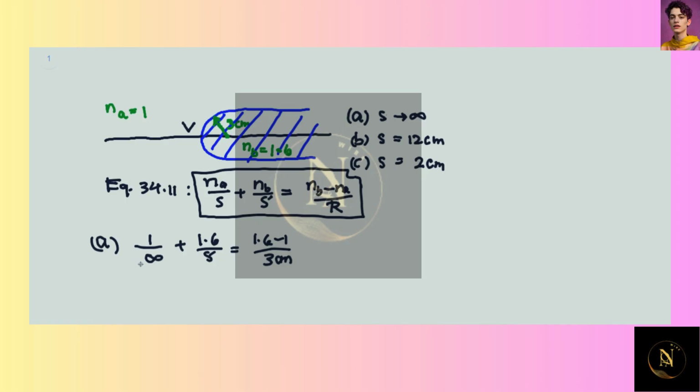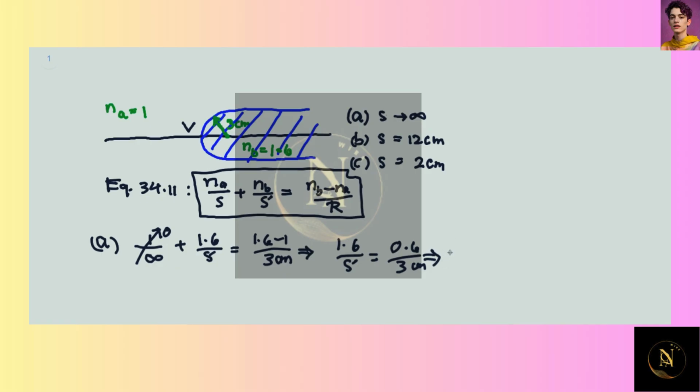If you're dividing 1 by infinity, then you get 0 because you're dividing 1 by a very, very large number. So that goes to 0. And so you're just left with a very simple equation, which is 1.6 over S prime is equal to 0.6 over 3 centimeters.